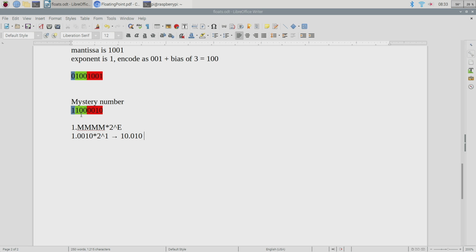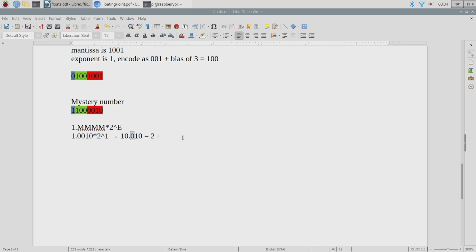What's this far left position here? Which place is he in? It's to the left of the radix, and the stuff to the left of the radix is the whole numbers, right? So which place is he in? The twos place. So we've got a 2. We have no 1s.